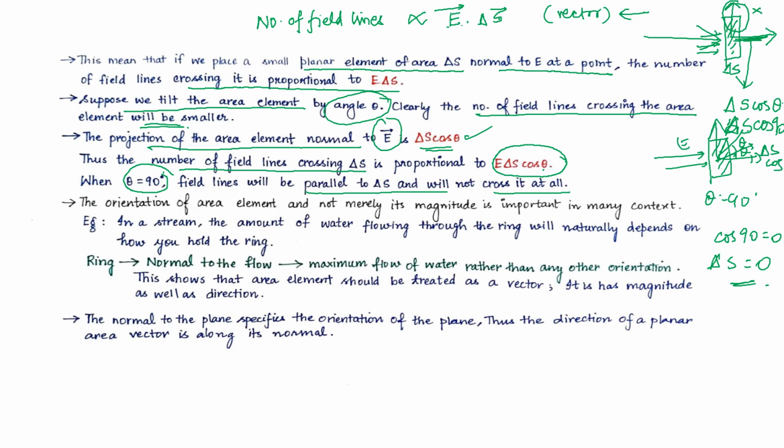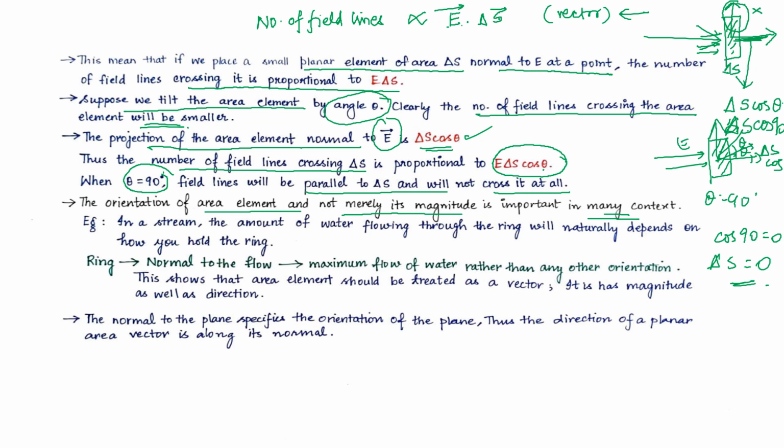The orientation of the area element, not merely its magnitude, is important in many contexts. What this line aims at saying is that at which particular angle and how our area vector is oriented is also very much important, not just the magnitude of that vector. Like magnitude can be very big.